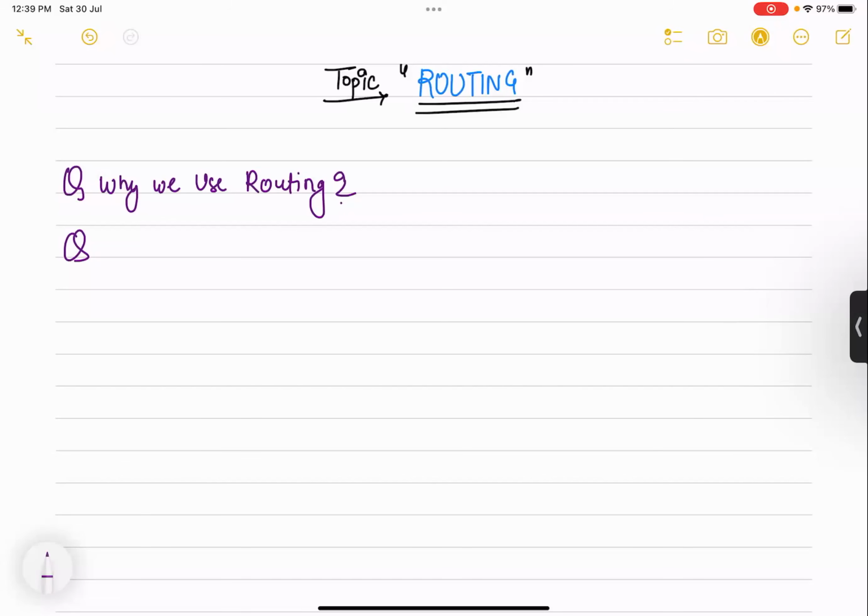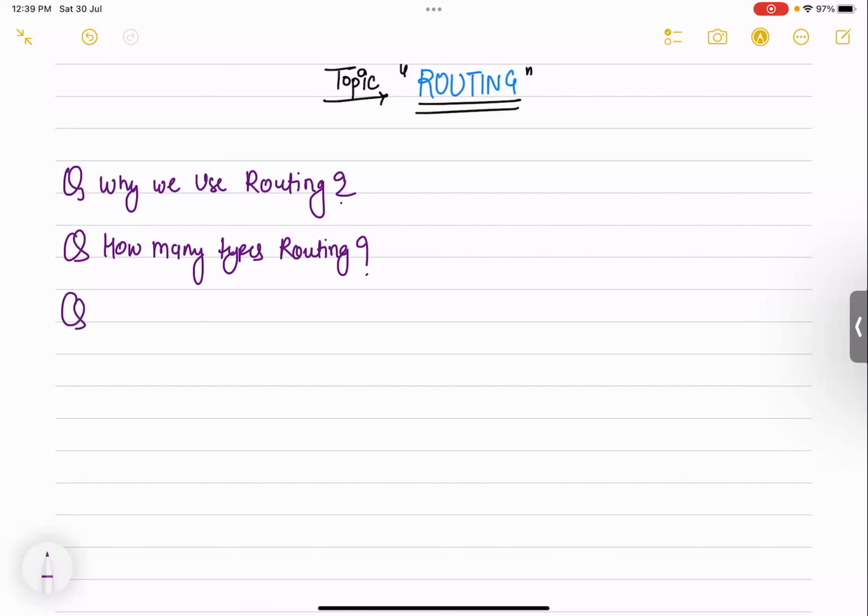why we use routing? Yes or no? Yes. And the second question, if someone asks how many types of routing.